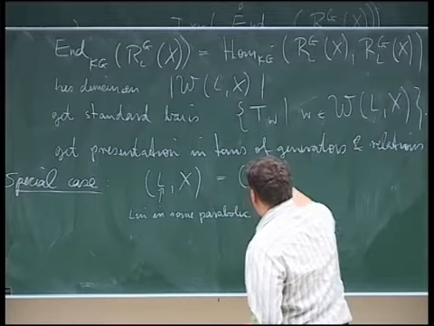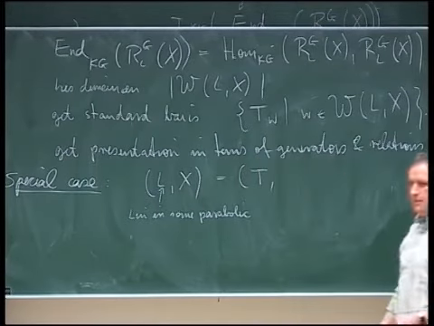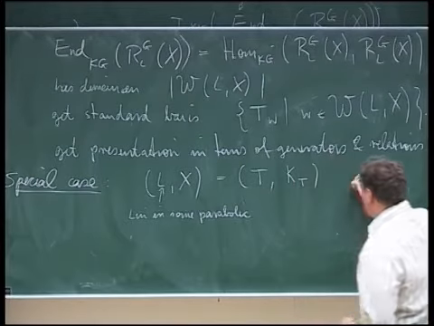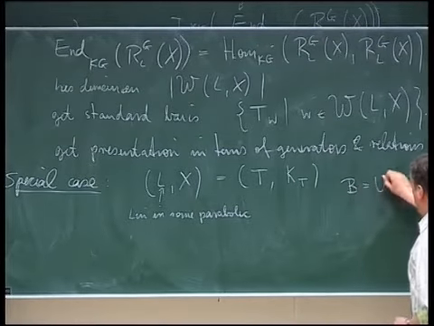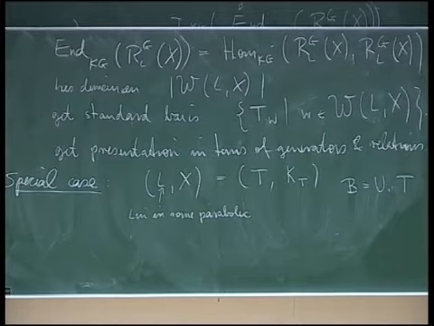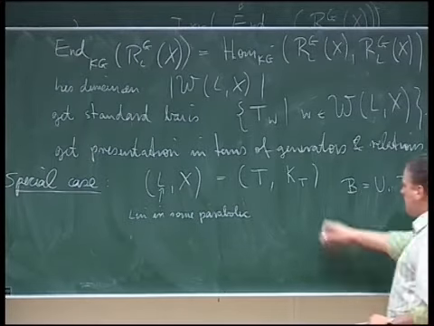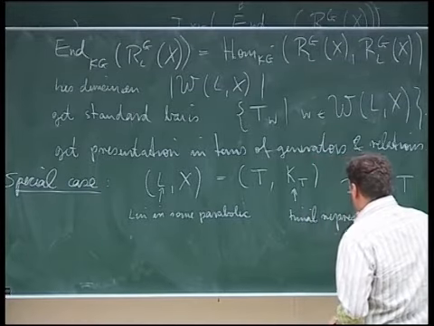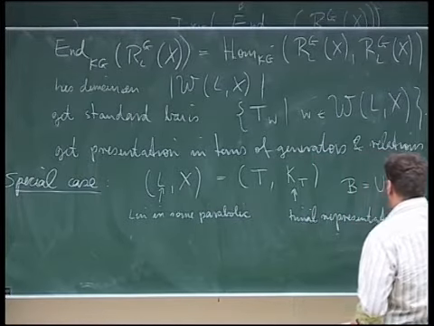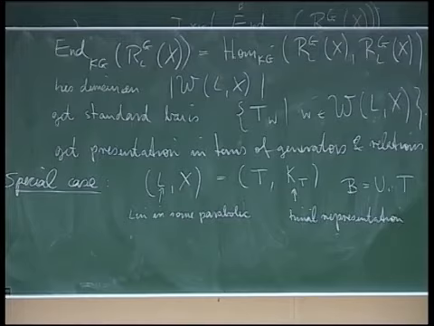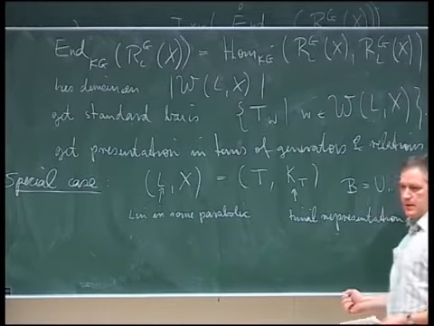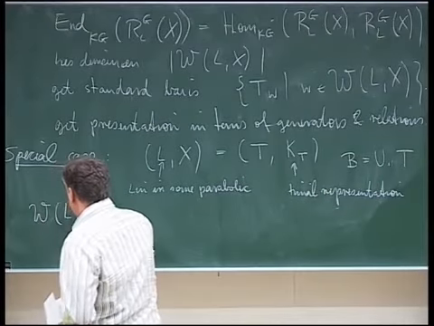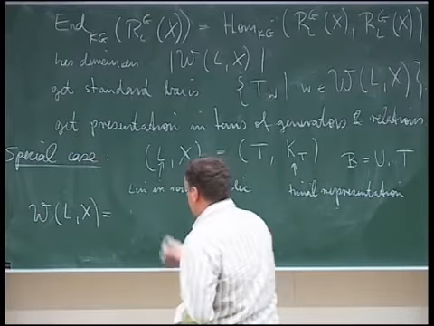So if we take here T, and then as cuspidal representation here just the trivial representation of T. So we write B as U times T, and this is the trivial representation here. You see, this W_L,X then is just the Weyl group of my finite group, is just W.